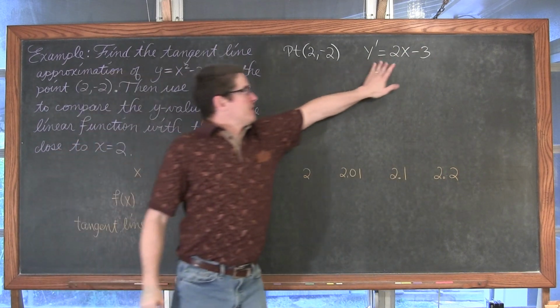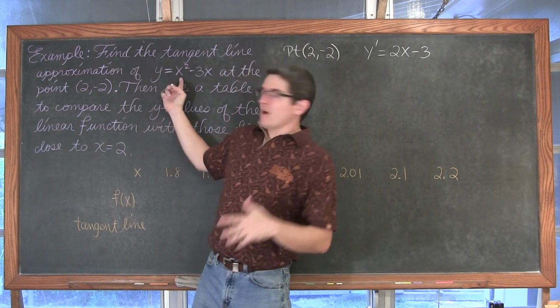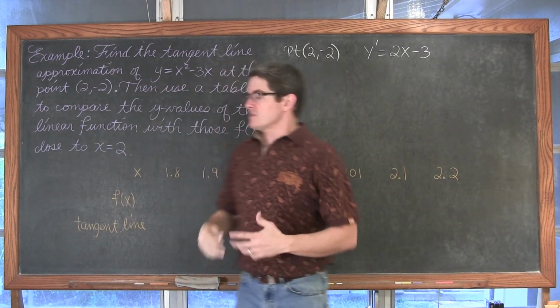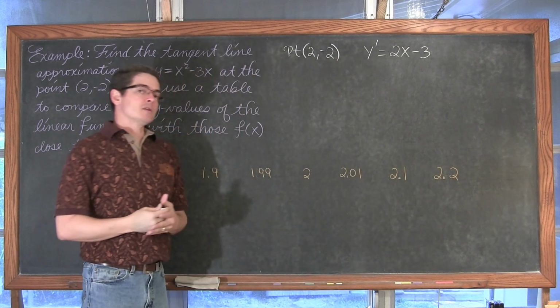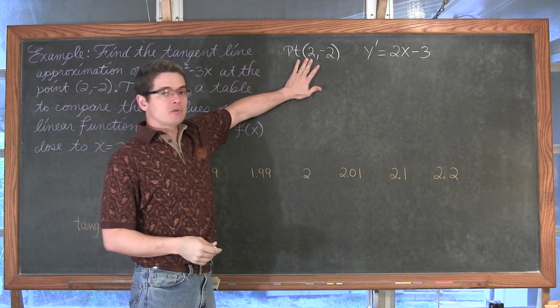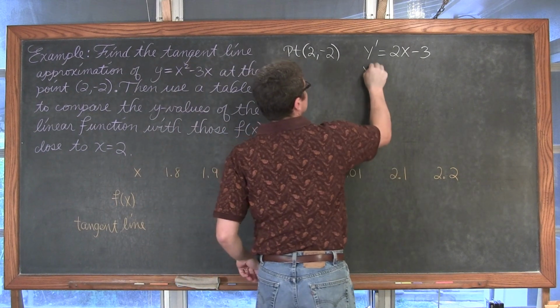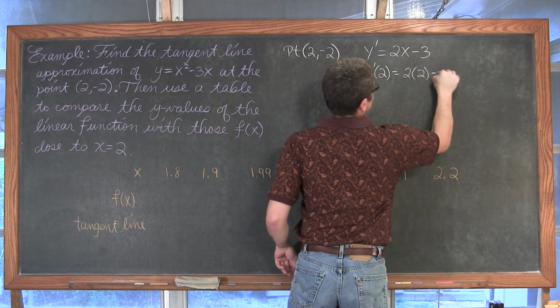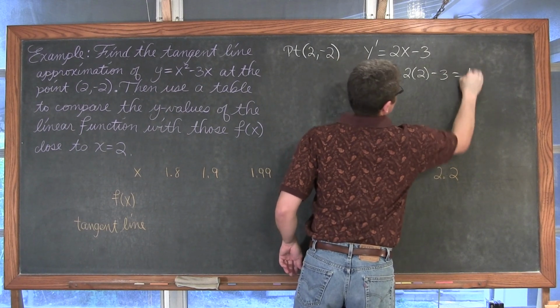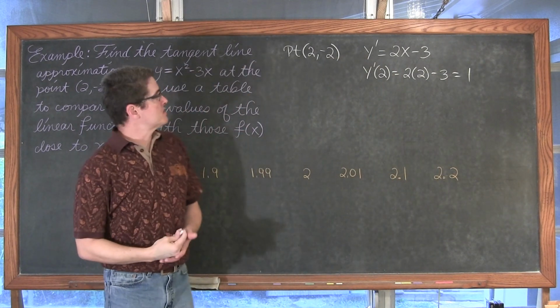This derivative gives us the slope of this parabola at any point where the function is differentiable. But I really only care about the slope at that value of 2. So I'm going to do y prime of 2, and we get 2 times 2 minus 3, which is 4 minus 3, which is equal to 1.